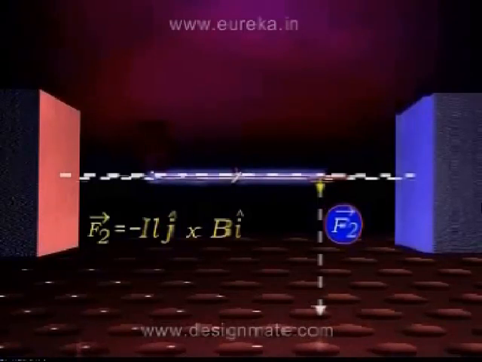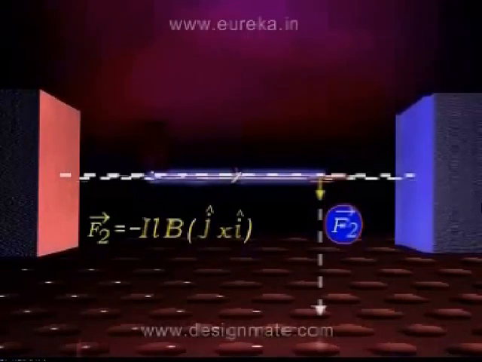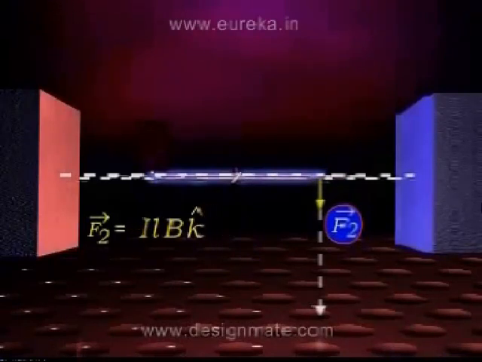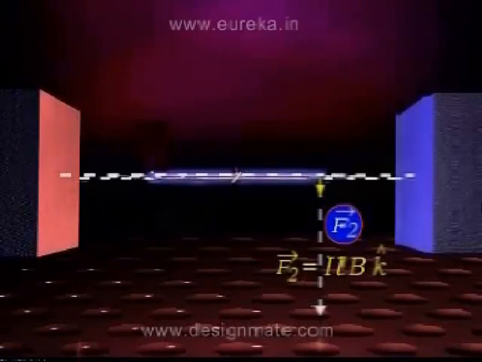That is equal to minus I times L times B times j cap vector cross i cap vector, that is equal to I times L times B times k cap vector.